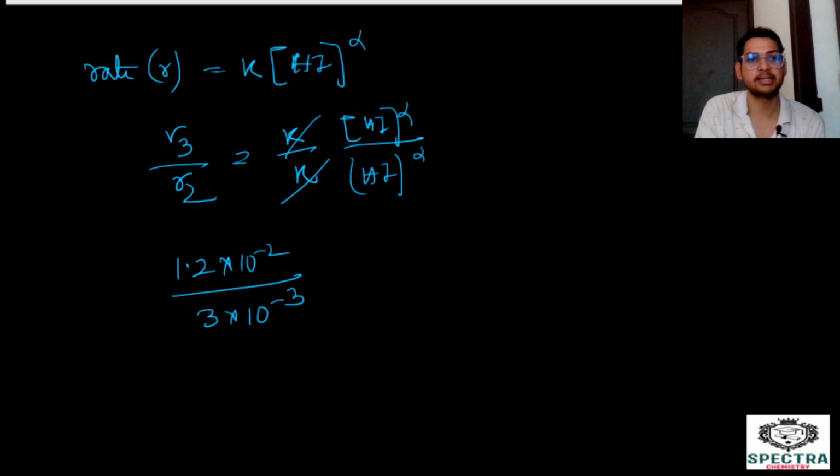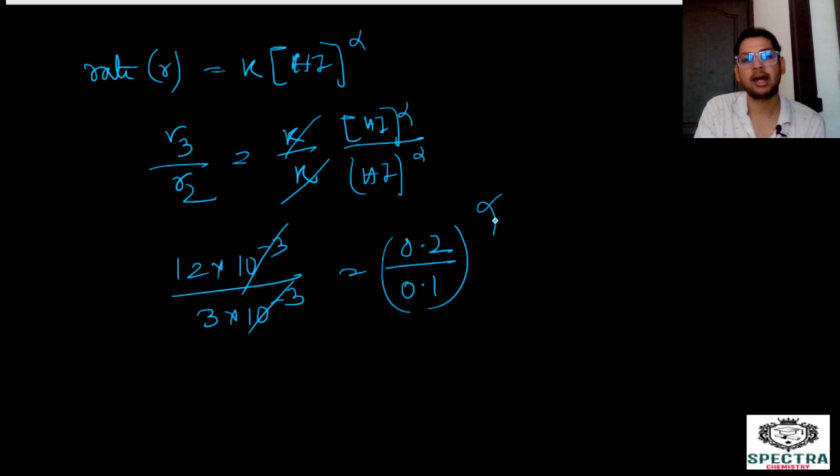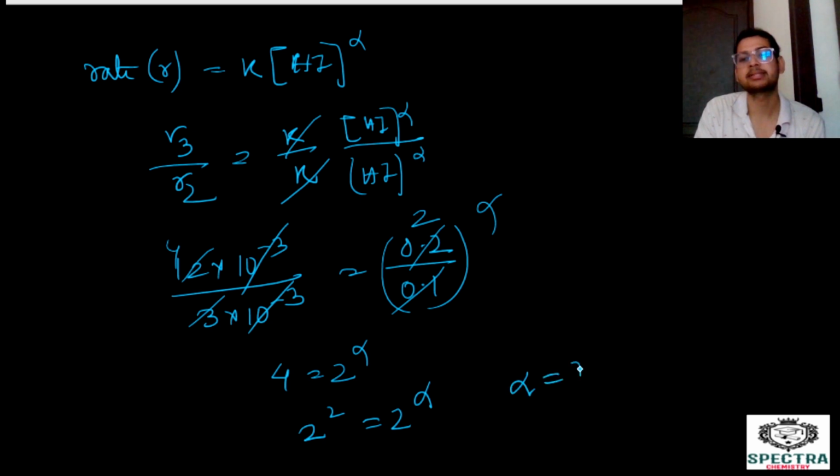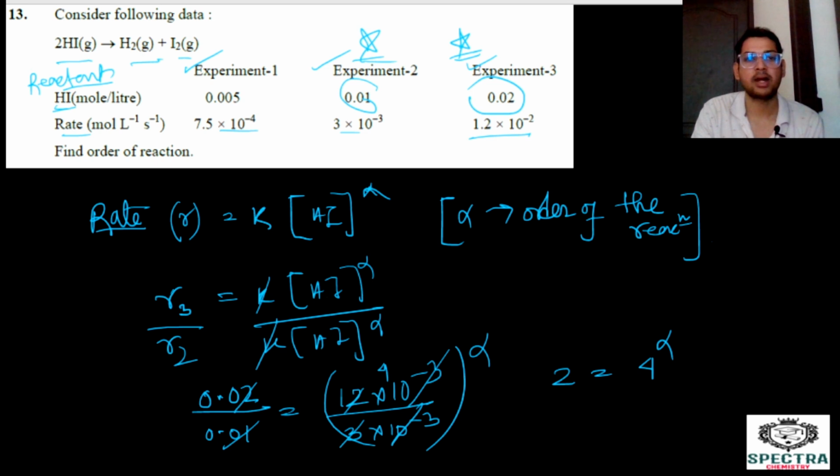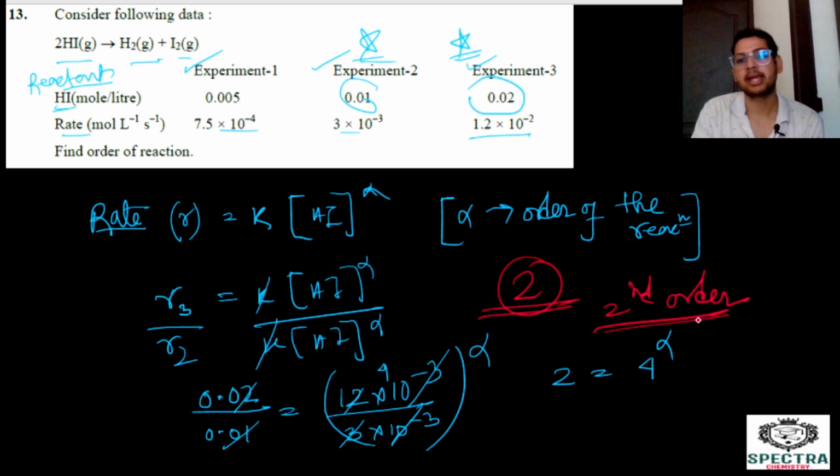I'll put this as 12 into 10 to the power minus 3 and cancel this out. This is 0.2, this is 0.1 to the power alpha, so this will be 2, this will be 4. 4 equal to 2 to the power alpha, 2 to the power 2 equal to 2 to the power alpha, and from here by comparison alpha is 2. That means your answer will be 2. It's the second order.